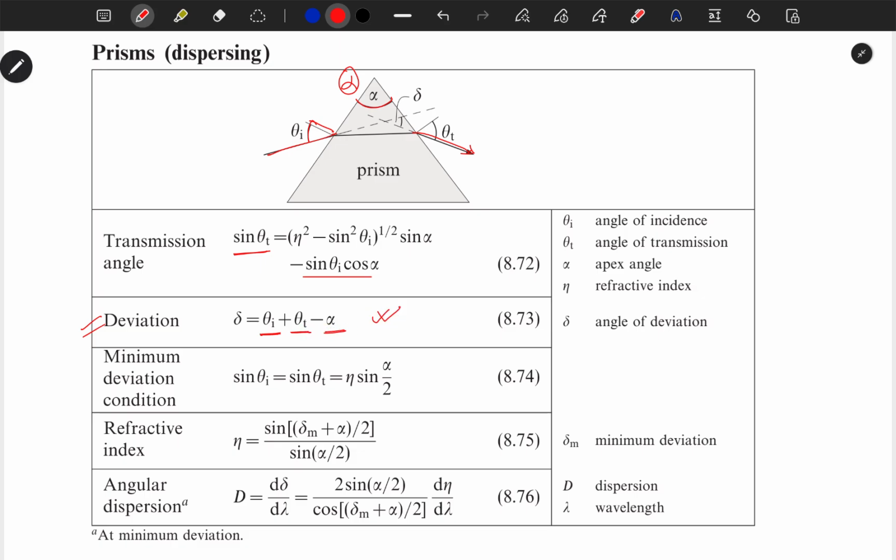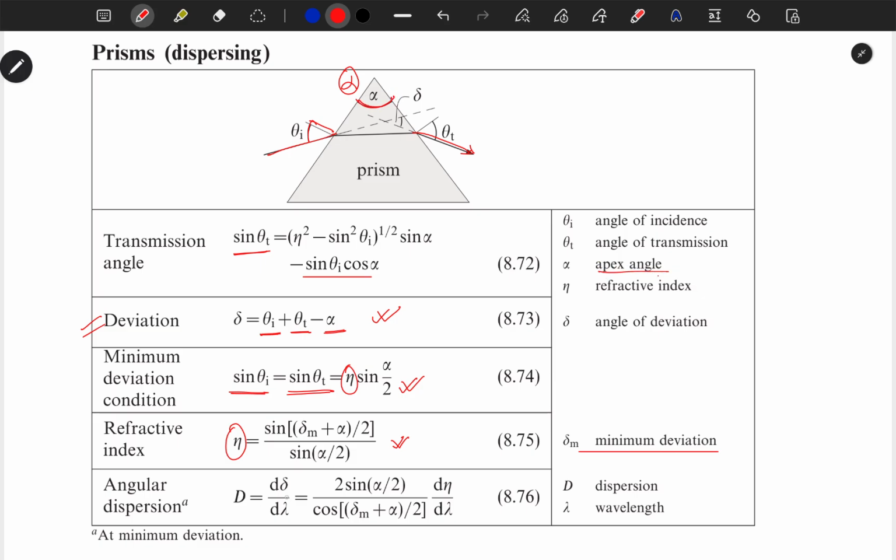This is the deviation. Minimum deviation condition: sin theta i equal to sin theta t equal to eta times sin alpha by 2. Refractive index eta equal to sin((dm plus alpha) by 2) by sin(alpha by 2). Here dm is the minimum deviation and alpha is the apex angle, this angle.